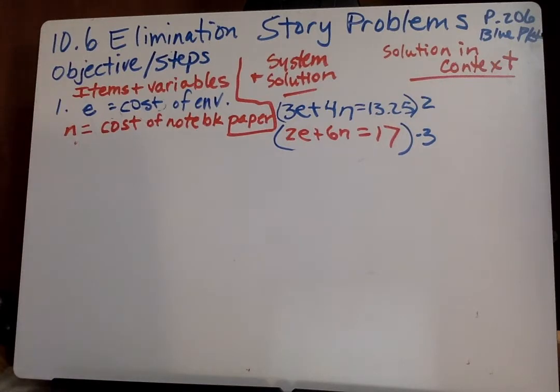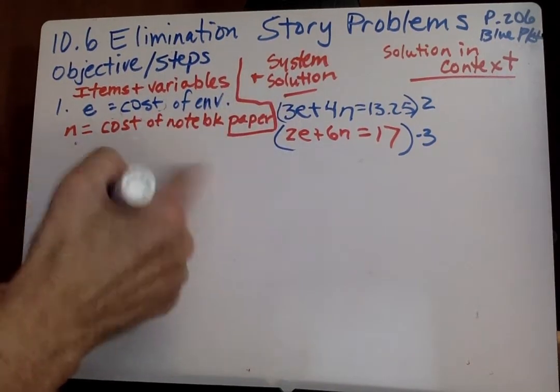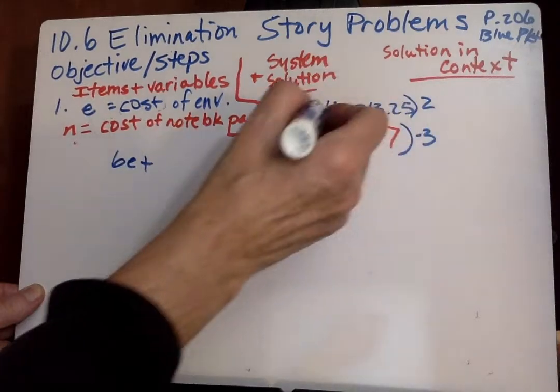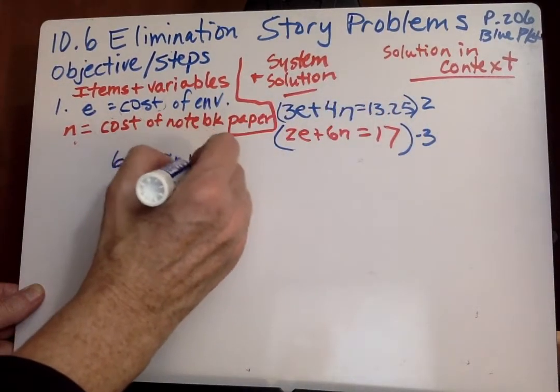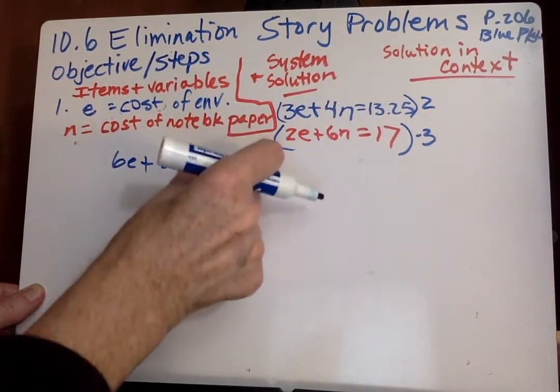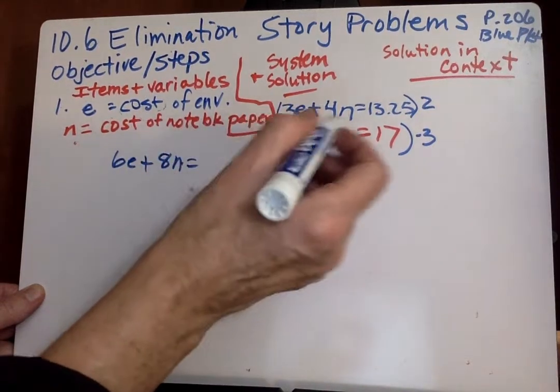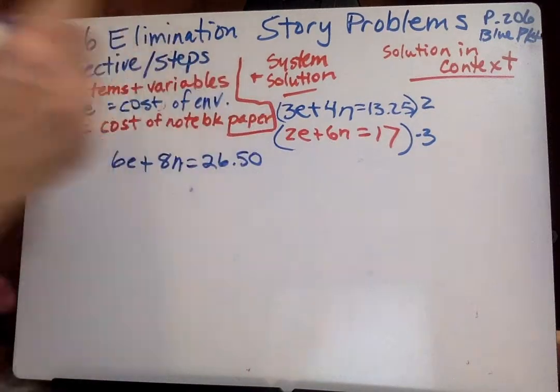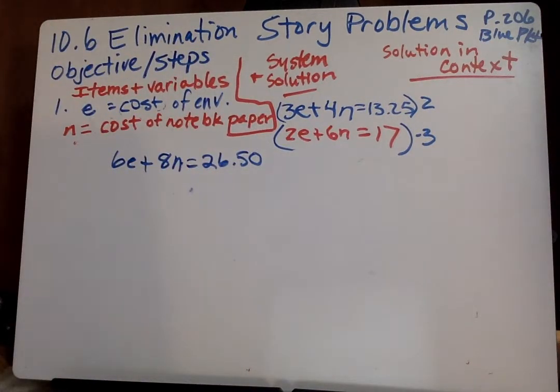Next, 2 times 3E, and I'm going to use some space over here. It's 6E plus 2 times 4 is 8N equals, and we have 1325 times 2 is 2650. There's our first equation. Now our second one, we're multiplying by negative 3.